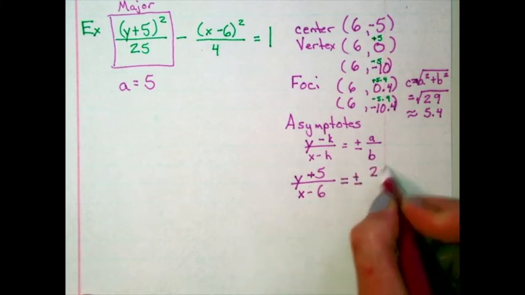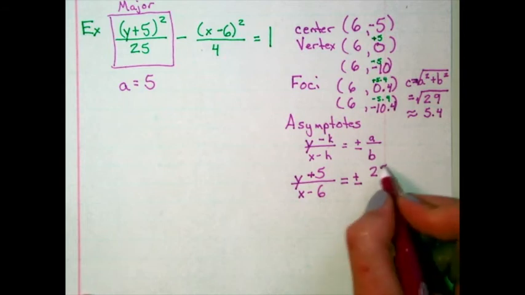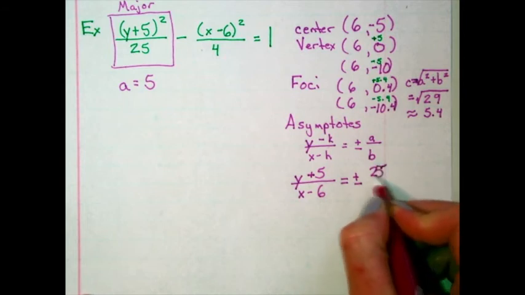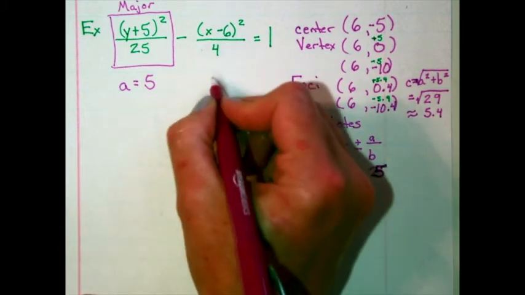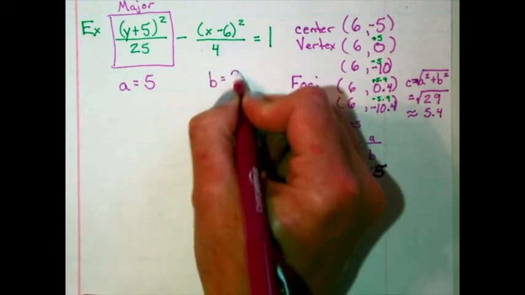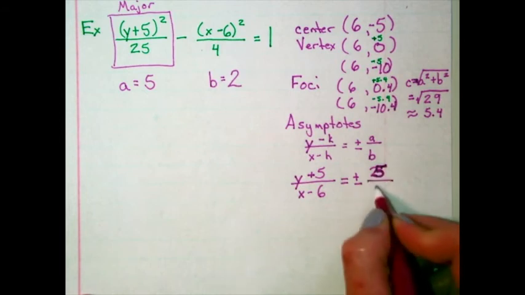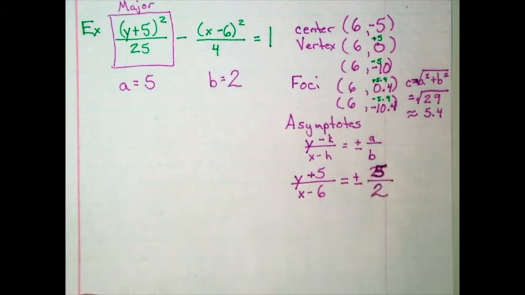Oh, sorry, a is just 5. And here our b value, remember, is the square root of what's there. So our b value is 2. So 5 over 2 is what we should have there.